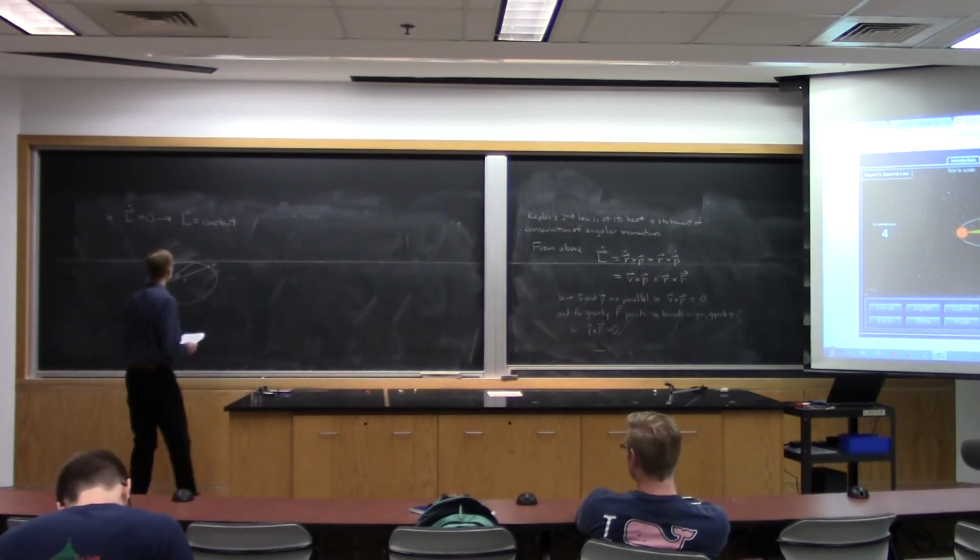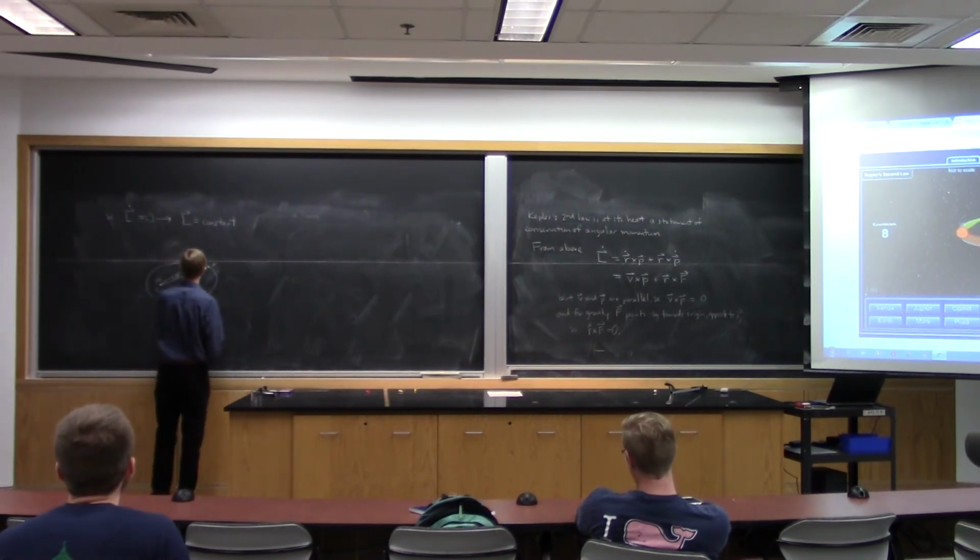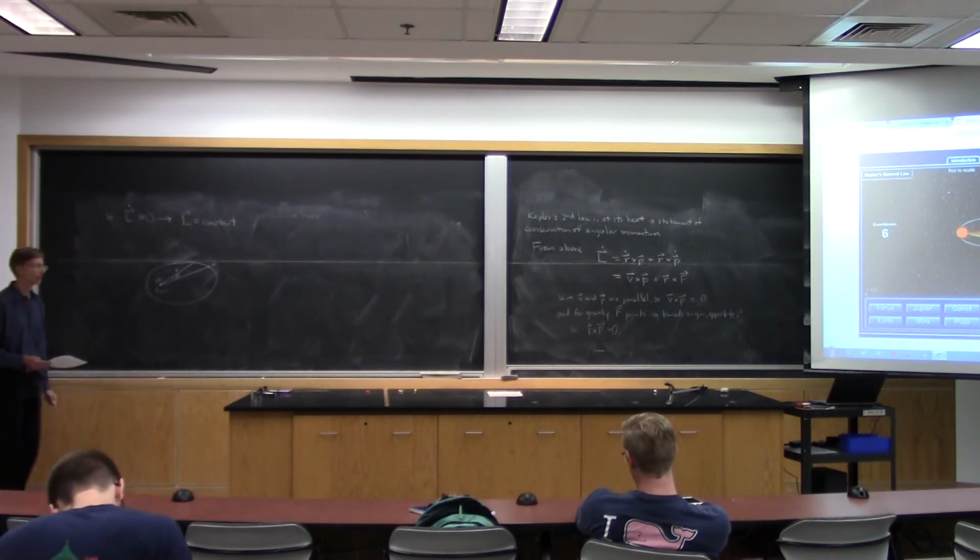Let's say the distance is r. Actually, I'll put it over here, it doesn't matter really. I think the r can be either one. We're talking about a very narrow slice here.